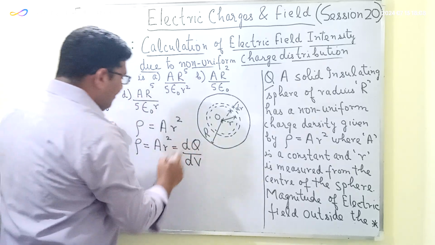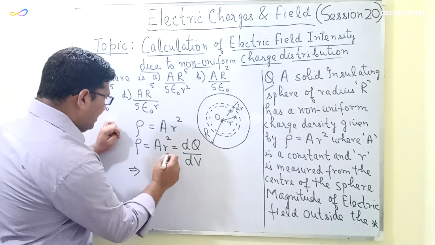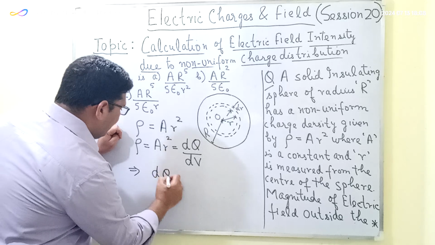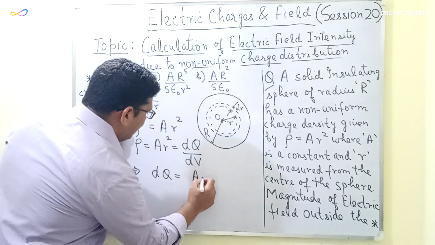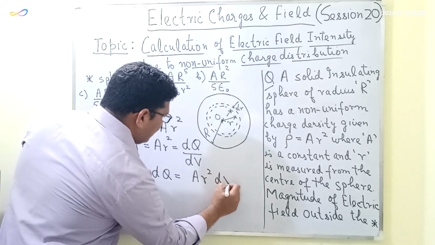And from this expression I will get dq equal to A r square dv.